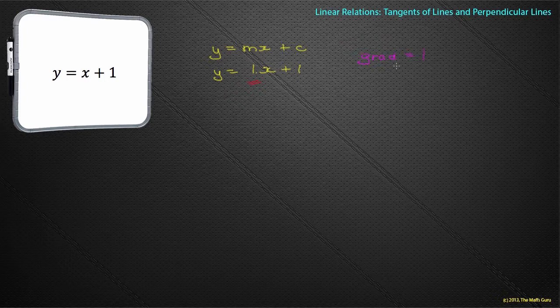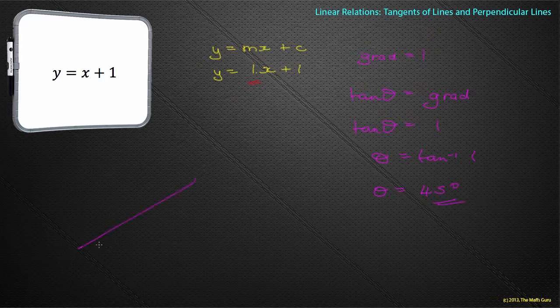Well, if the gradient is equal to 1, that means that tan theta is equal to gradient. And so tan theta is equal to 1, or theta is tan to the minus 1 of 1. And again, using my calculator, I can find out that that's actually 45 degrees.